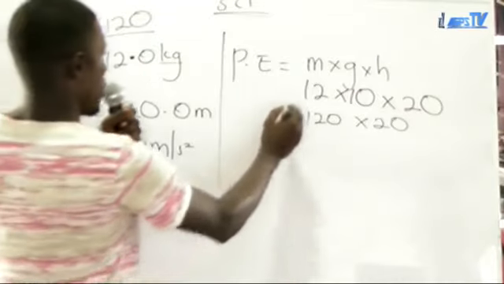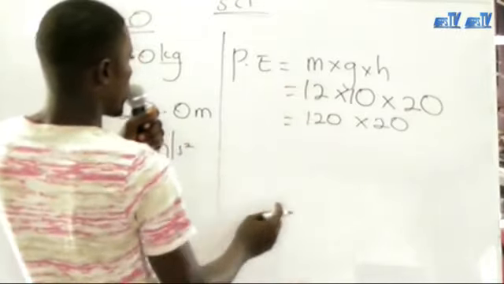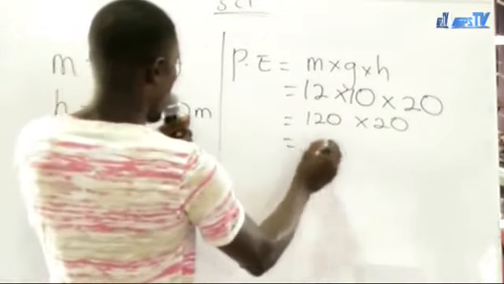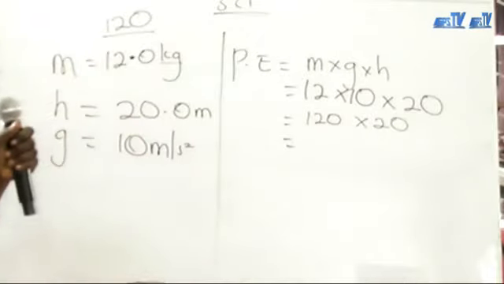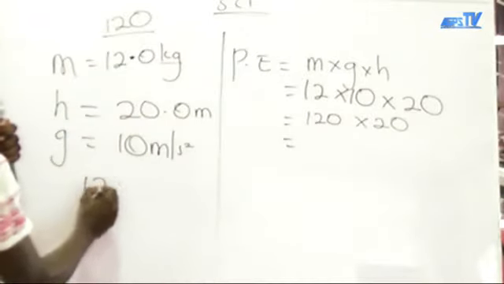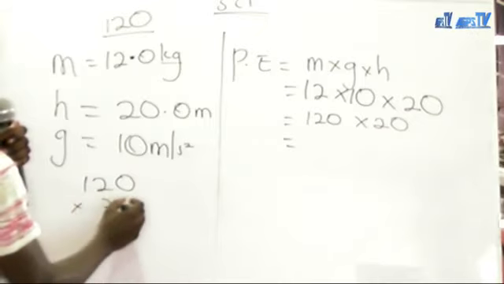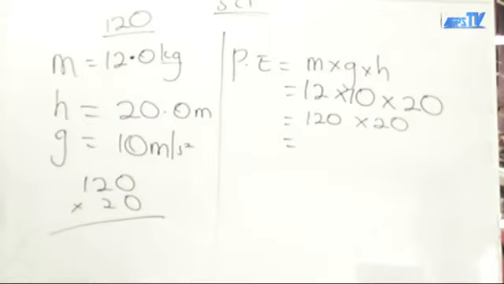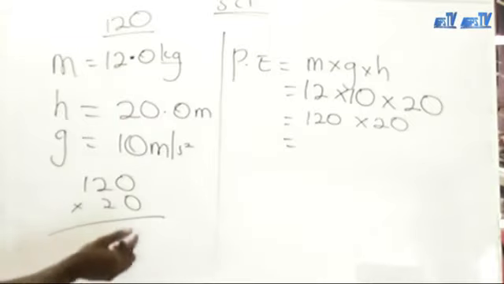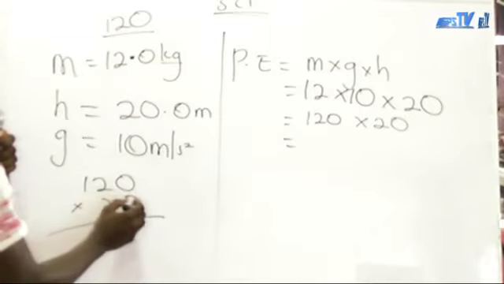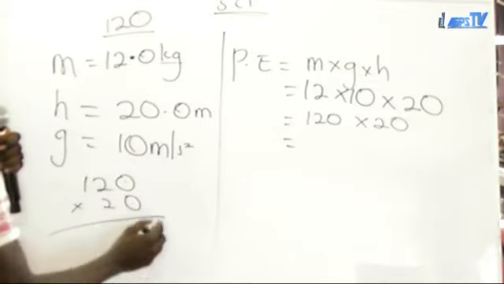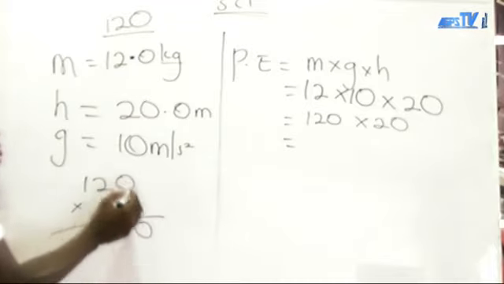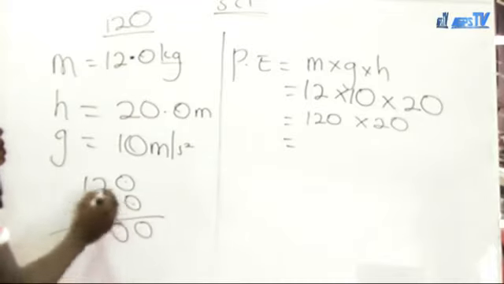Don't forget that as soon as you finish, potential energy is measured in joules. So you just write the final answer there. If you know you cannot do it in your head, just go to the board and do 120 times 20. Take your time and do it. This will give you 0, this one will give you 0, and this one will give you 0.